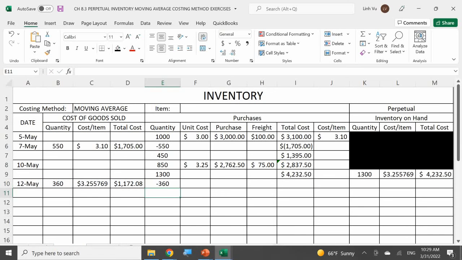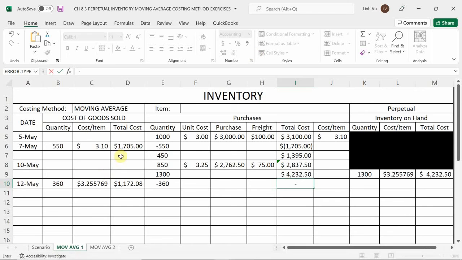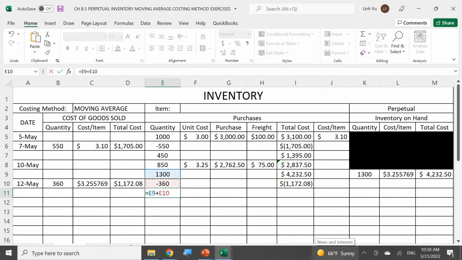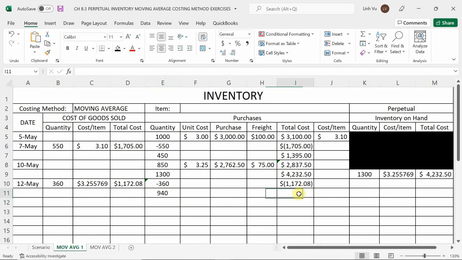So in this case, that's exactly what I need to do. I need to subtract 360 and subtract out that 1172.08. So that's going to bring me my new quantity of 940, right? 1300 minus 360 gives you 940. And I also need to subtract this out too: 4,232.50 minus the 1172.08.